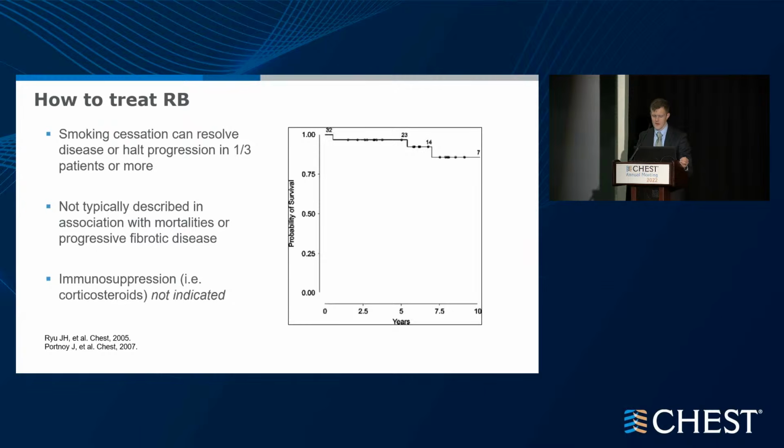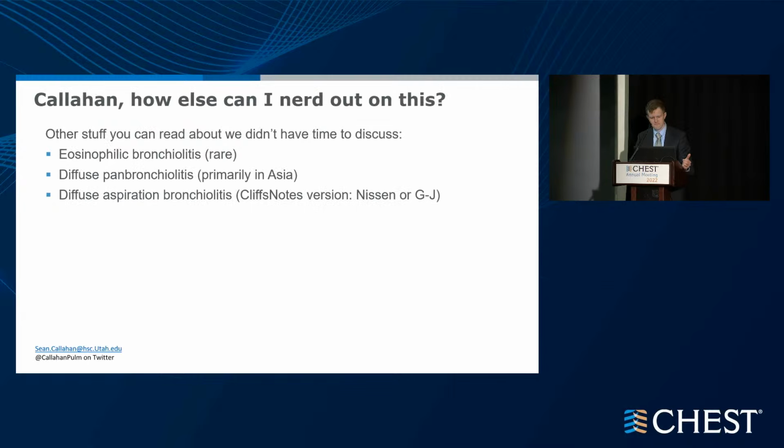So if somebody is referred to your clinic with RB, it's usually a good thing because they can remove the offending agent and they should get better. Please do not put these people on immune suppressants. The data that's out there suggests they'll do worse.